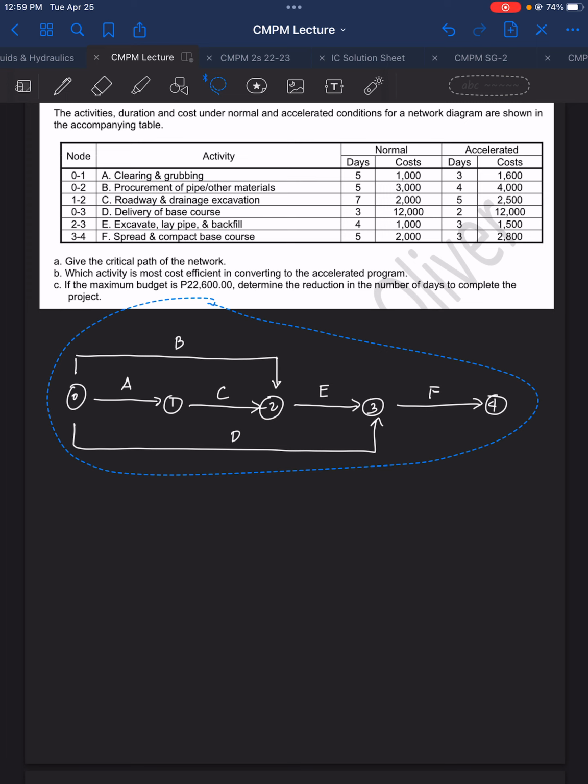There we go. Then for the duration, we have A 5, B is 5, C 7, D 3, E is 4, and then F is 5 days. Okay.